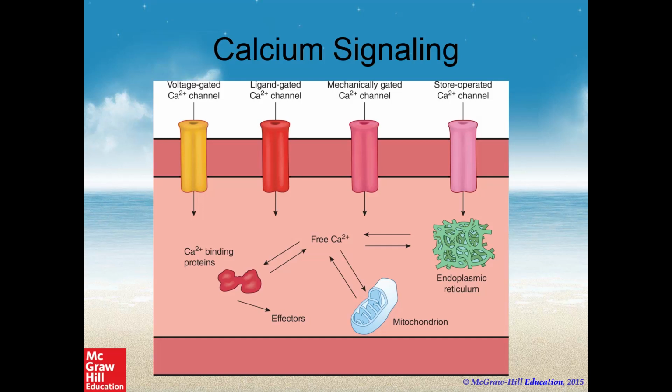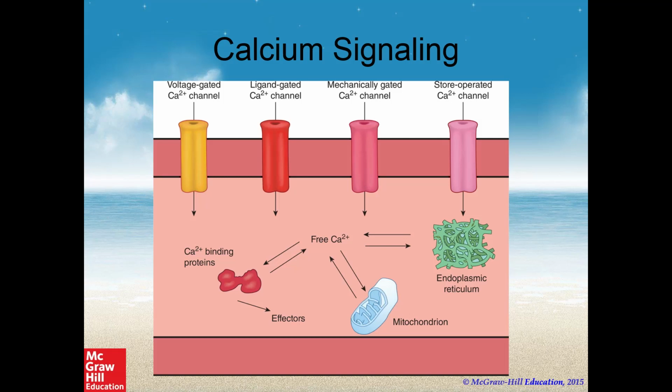Voltage-gated calcium channels, so when the membrane potential changes, it may open voltage-gated calcium channels, so calcium can come into the cell. Ligand-gated calcium channels, some ligand binds to the extracellular surface, the receptor here, that opens a channel.